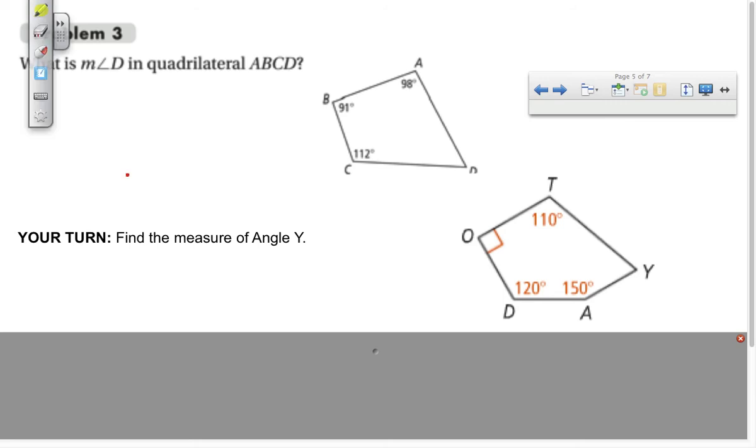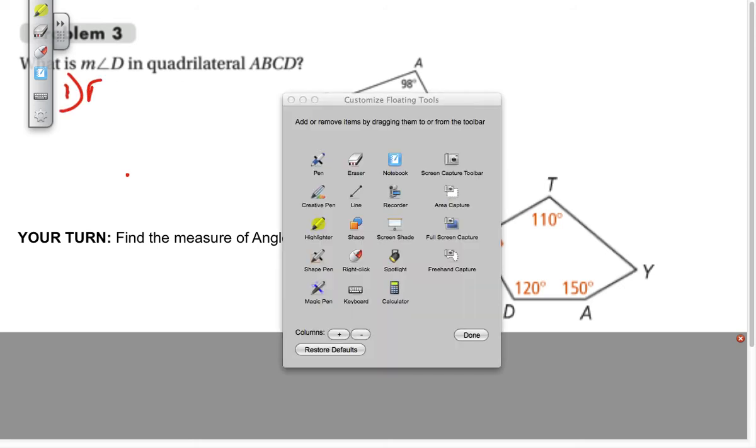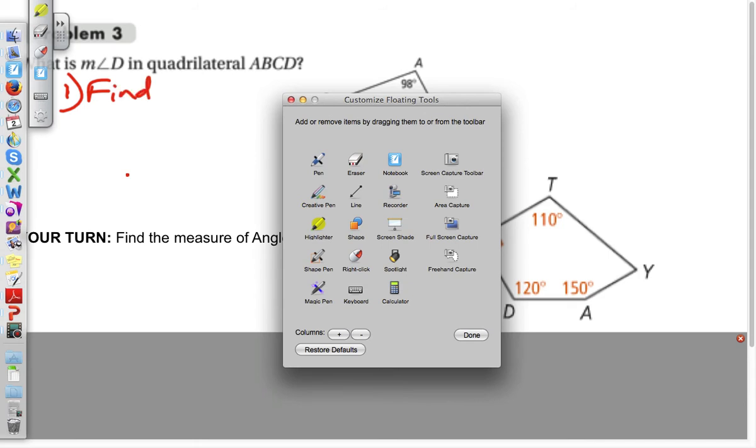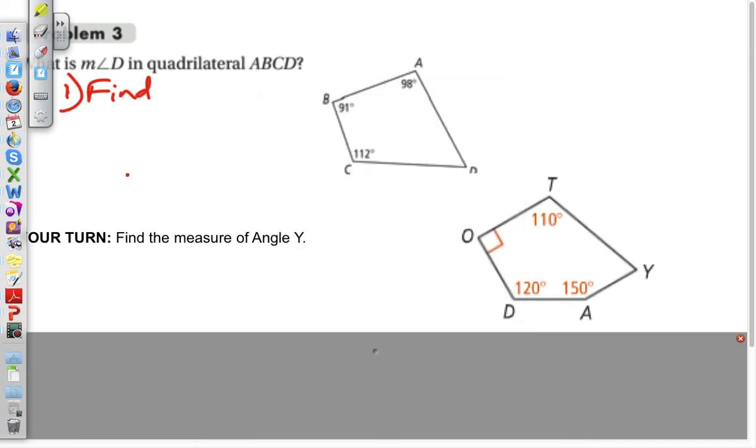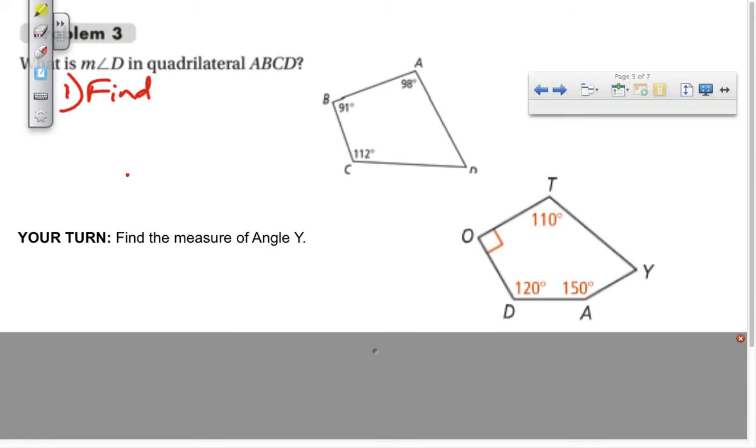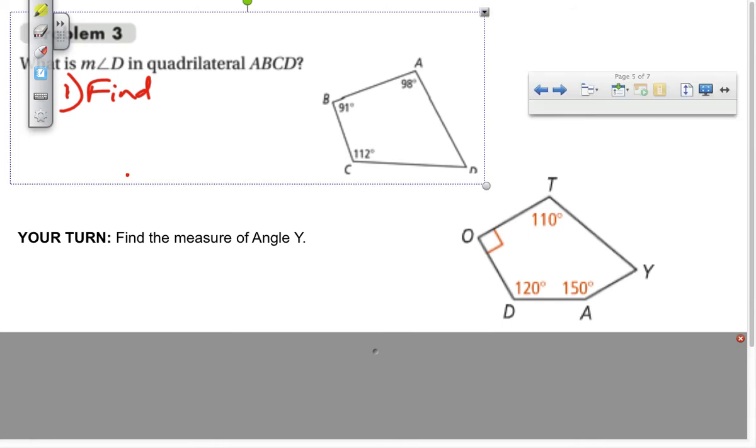Okay, so step one is to find the sum. As Sarah said, we're doing 4 minus 2 times 180, and we know that the 4 angles are supposed to add up to 360. Then what?